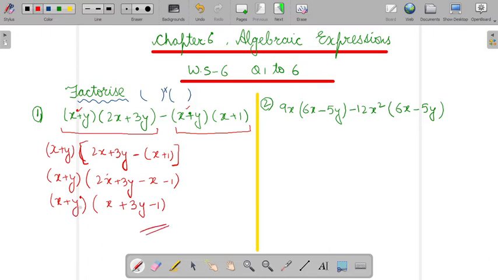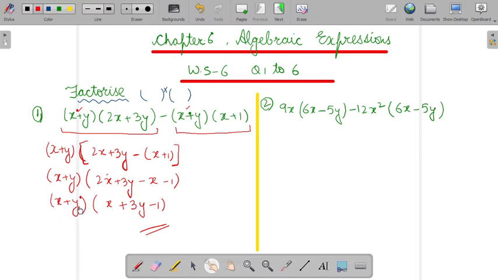Now observe these two terms. If you observe these two terms, there is a sign of multiplication, and we can see that this result is in the form of this concept. So it means that this is a factorization.